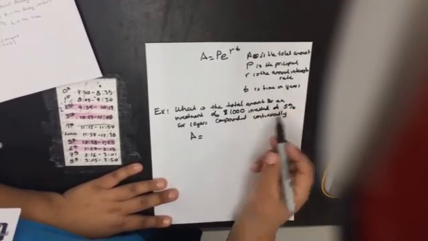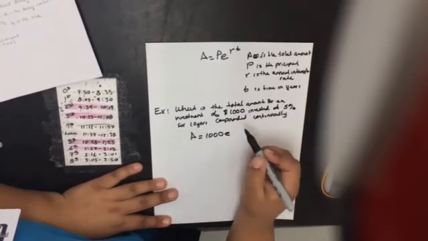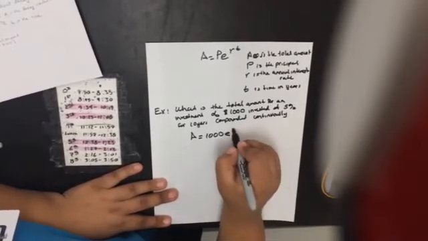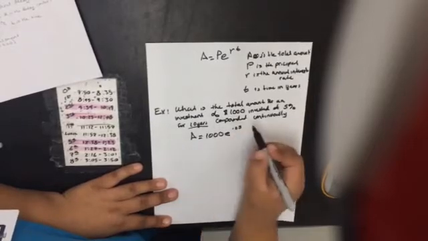Well, our principal is going to be 1,000. e is just e. Your rate is 5%, so if we write it as a decimal, it would be 0.05. And the time is 10 years.